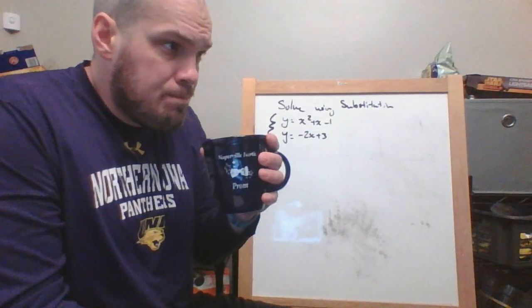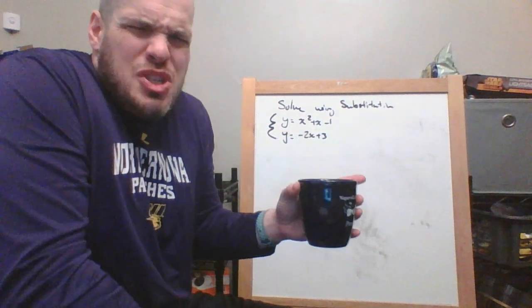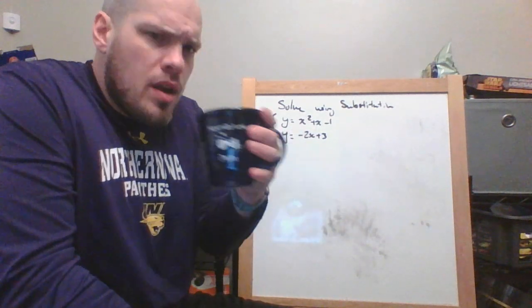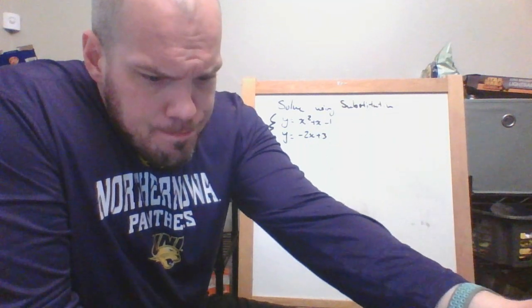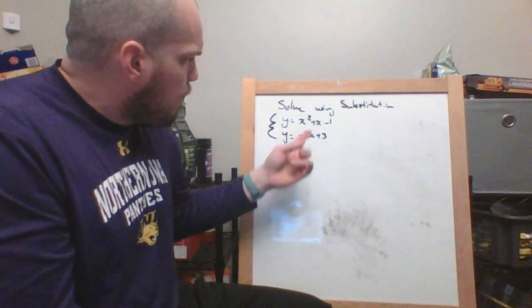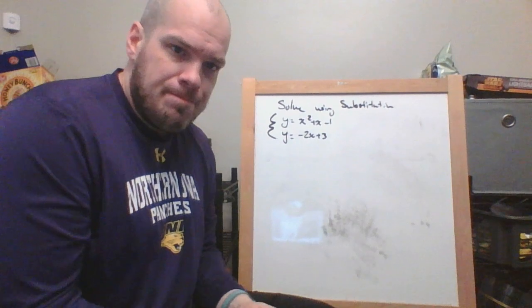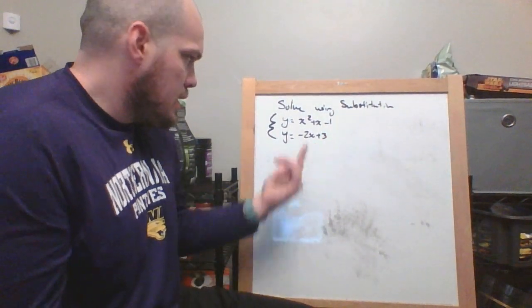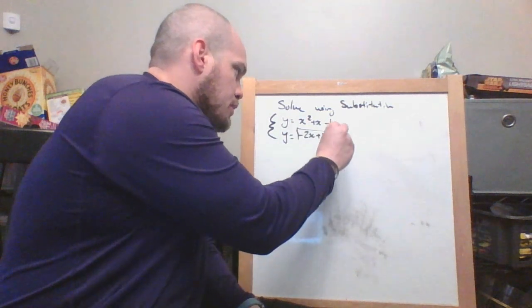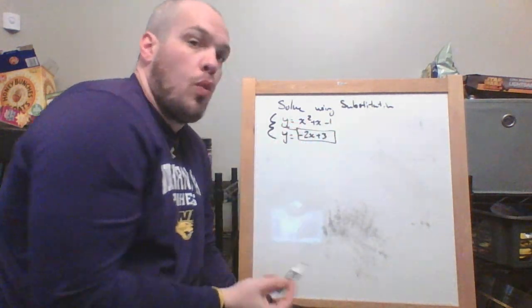But how else? How do we solve this? How do we get this started? Well, they're both equal to y. And if they're both equal to y, we can substitute them in. We can take negative 2x plus 3 and substitute it into y.